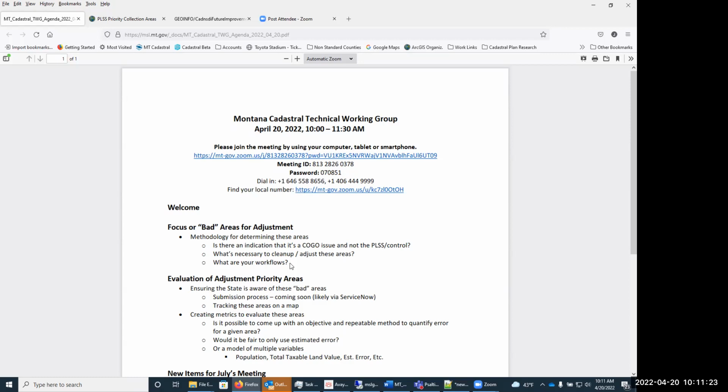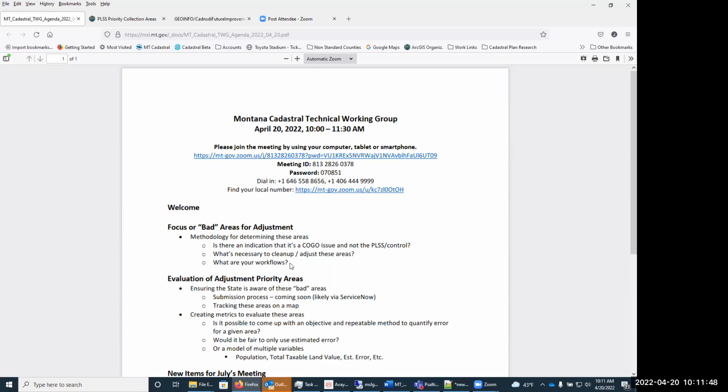Yeah, where I'm going with this, just so you can collect your thoughts, Brandy, is that sometimes these areas are identified. I don't really want to call out Whitefish, but Whitefish could be an example where these areas are identified, control is collected, the adjustments happen, and then nothing happens.